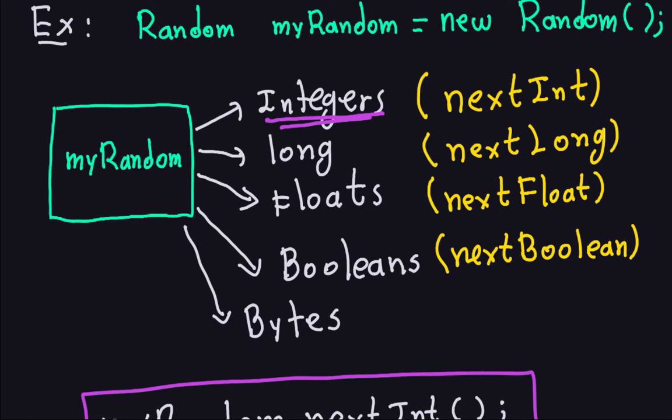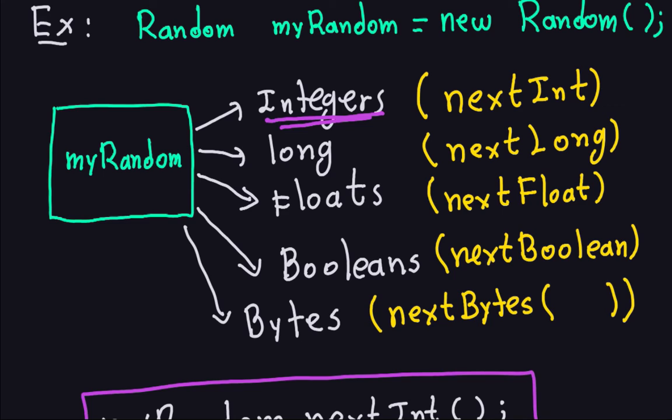You can say, for example, to generate bytes, you say next bytes, and then inside that parenthesis, you write down the name of your array to generate the byte array. So that's basically how myRandom works.